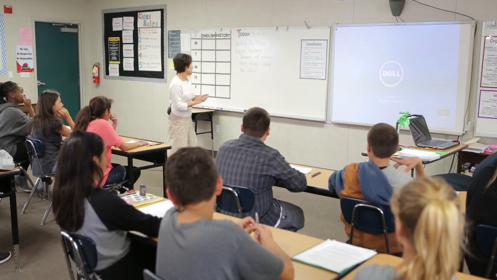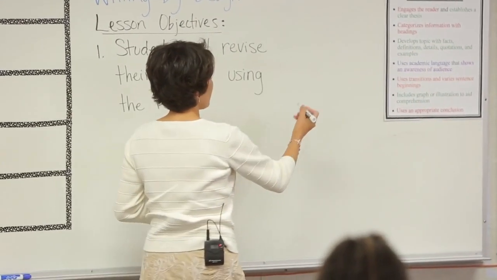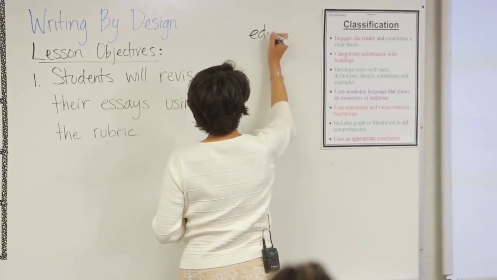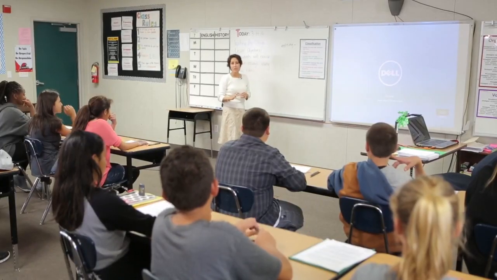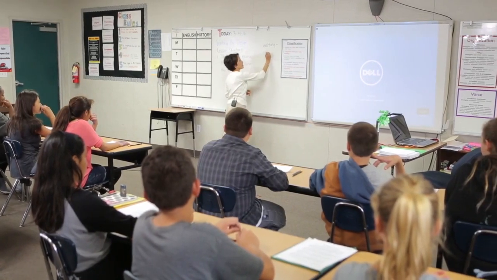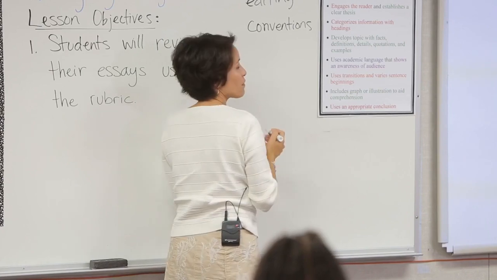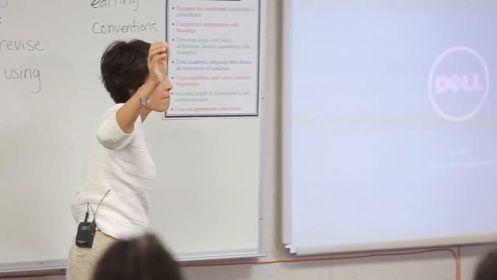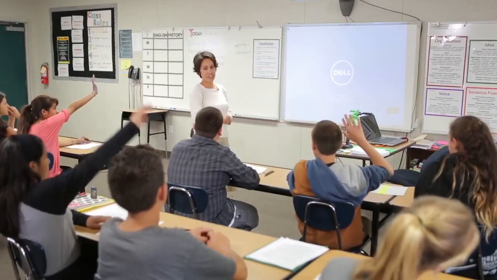But editing is going to be more for conventions, so I'll just put right here, editing. That's what we're going to do tomorrow, and we're going to look at conventions. What are some components of conventions? If you look over there on our 6 traits chart, what kinds of things are conventions about? Punctuation, good.